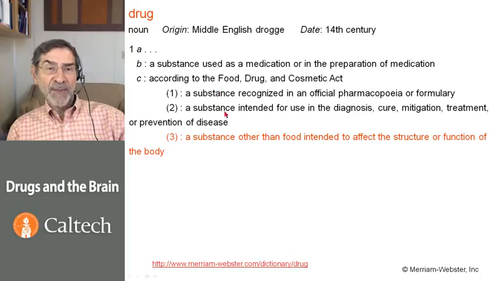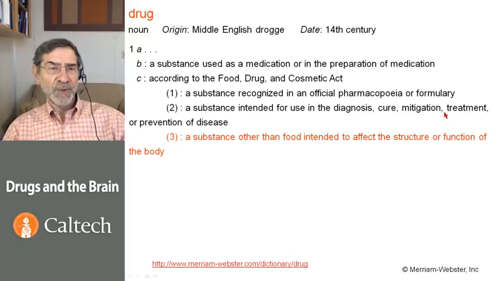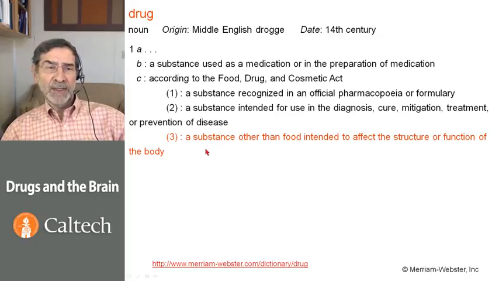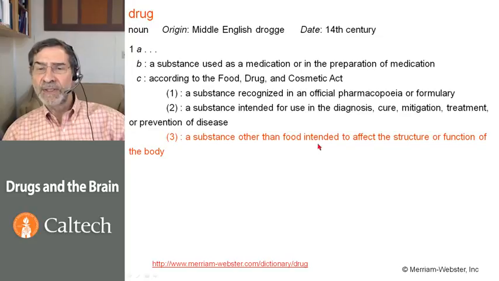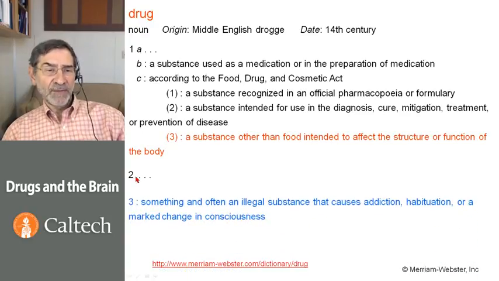According to that same act, it's a substance intended for use in the diagnosis, cure, mitigation, treatment, or prevention of disease. And also, it is a substance other than food intended to affect the structure or function of the body. So, food is not a drug, an irrelevant definition.